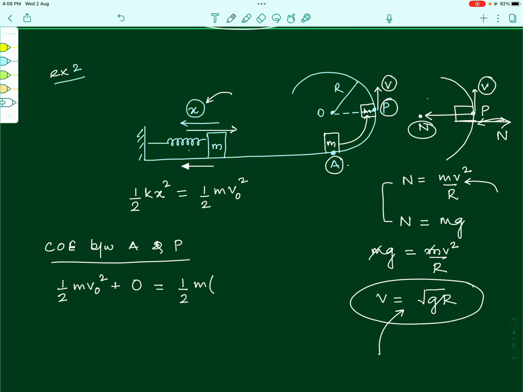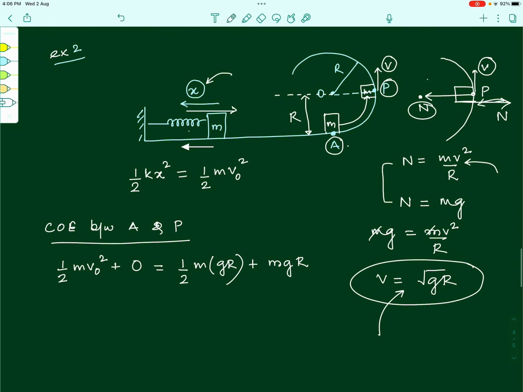So v squared means gr itself, plus the potential energy at P. Now, since P lies at the level with the point O, can we say its height from the ground will be nothing but the radius of the circular track r? So, can we say that its potential energy will be mgr, right?